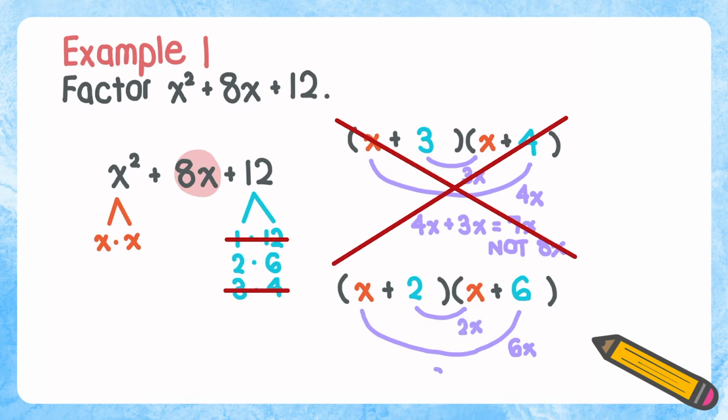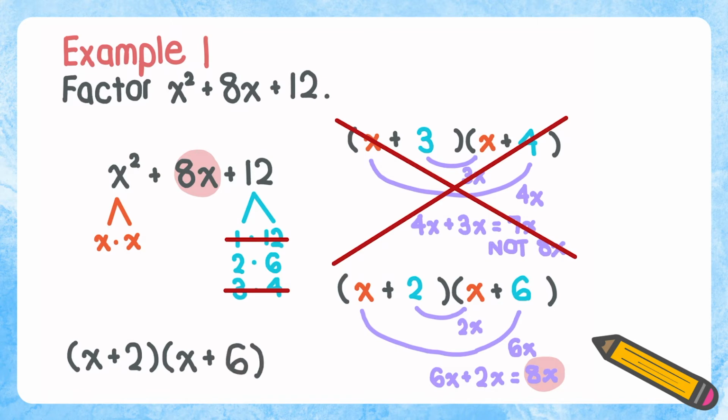And I combine these terms, so 6x plus 2x equals 8x. And I notice 8x is that middle term that we are looking for, so this must be the solution. So let me rewrite it. Our solution, so when we factor the trinomial, is x plus 2 times x plus 6.